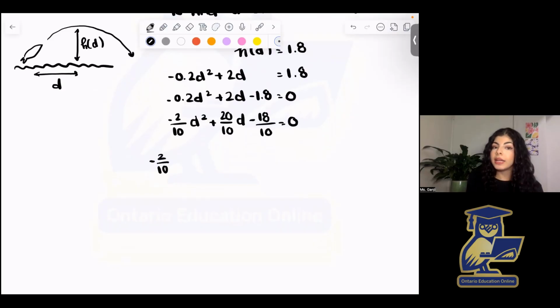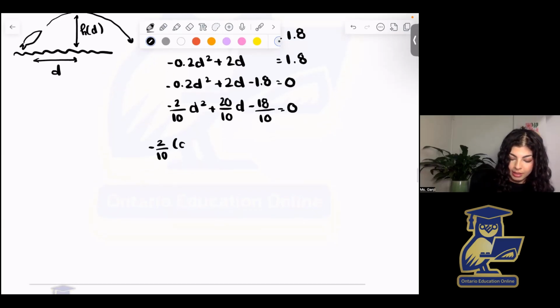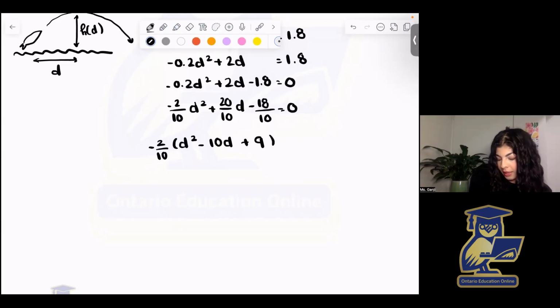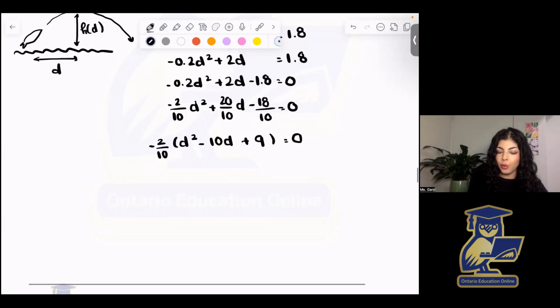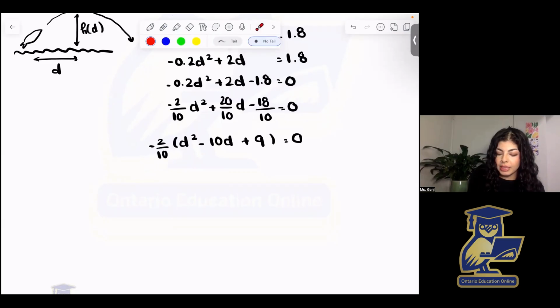You could have also tried here factoring out negative 0.2 as a decimal, and if you try dividing each of the coefficients by negative 0.2, you will get the same answer. So here we get d squared minus 10d plus 9 is equal to 0. And if you're unsure about this, just try your distributive property. See if you distribute this to each of the three terms, do you get the same three values that we had up there as well?